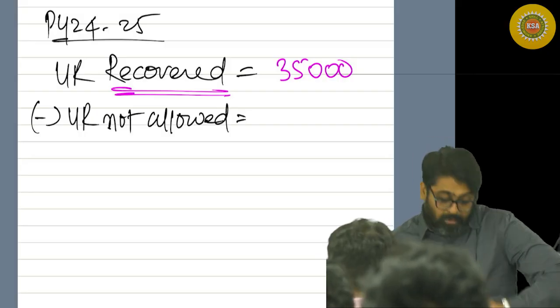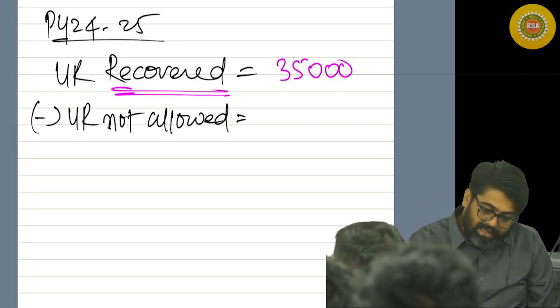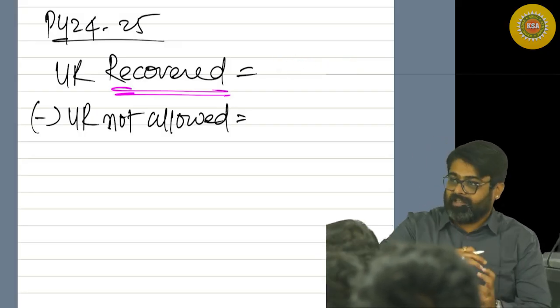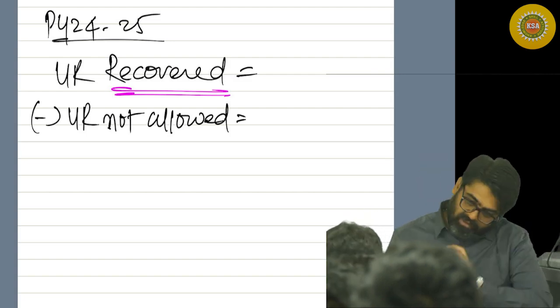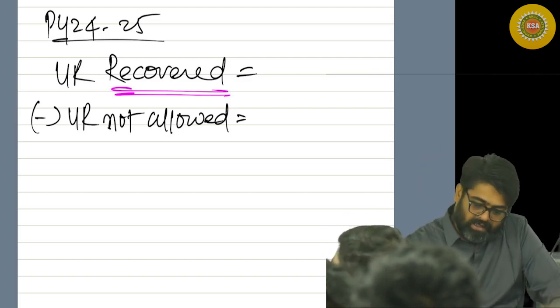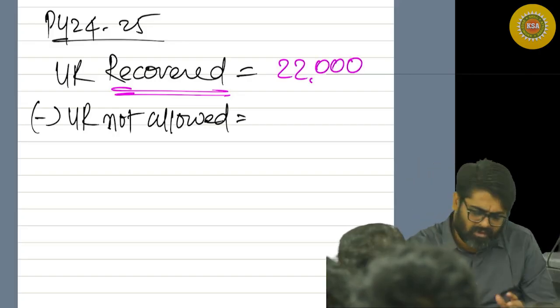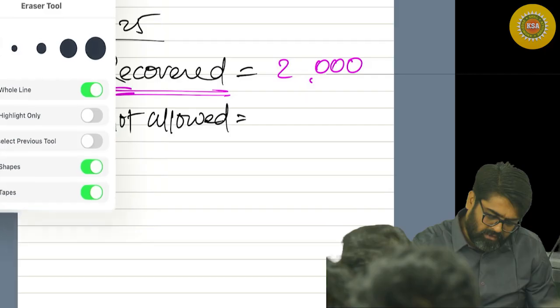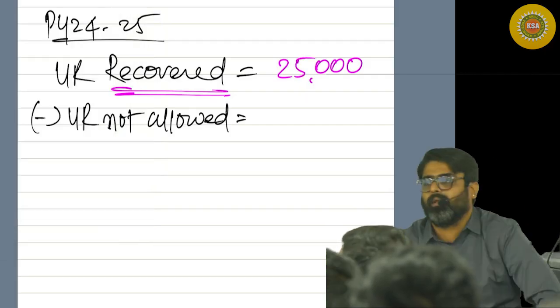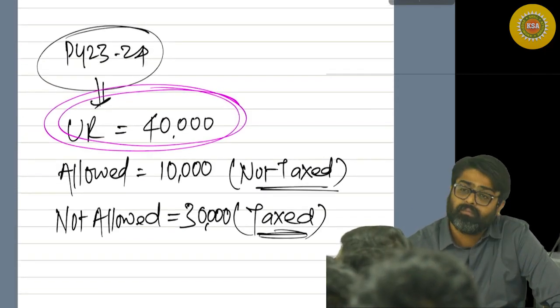Yes or no? But wait. I grabbed him, I snatched his wallet, but from his wallet I was able to recover only, not 22, let's say 25,000 only. How much was the unrealized rent?